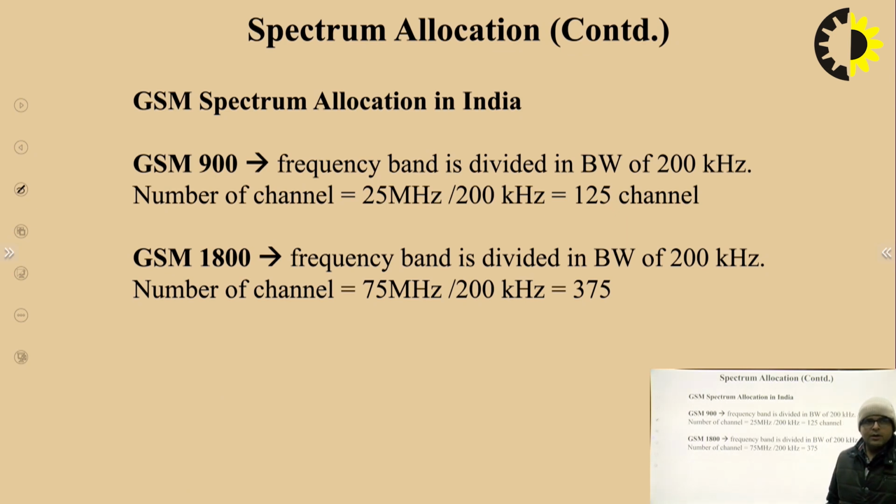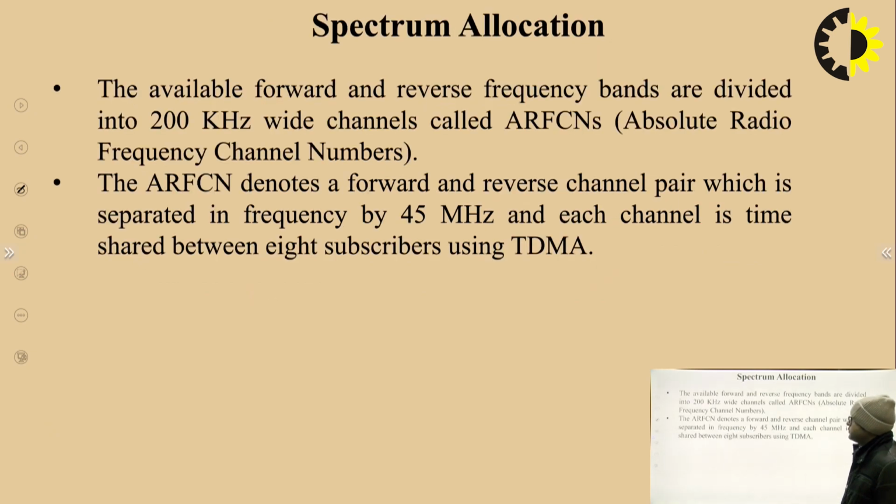In GSM 900, the entire frequency band is divided into bandwidths of 200 kilohertz. So the number of channels will be 25 megahertz divided by 200 kilohertz, and the number of channels utilized in GSM 900 is 125. Similarly, for GSM 1800, the number of channels is 375.